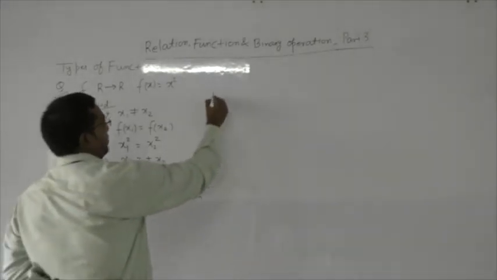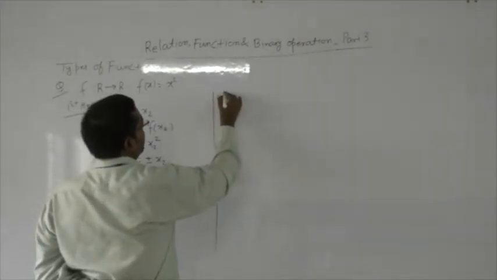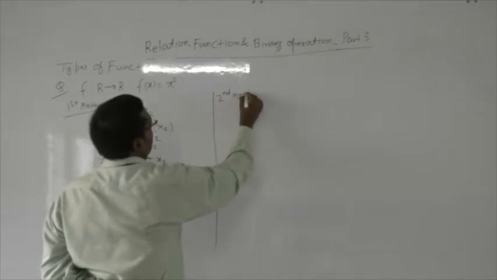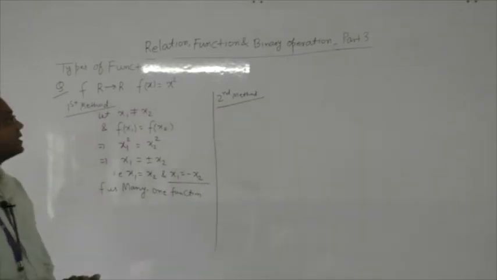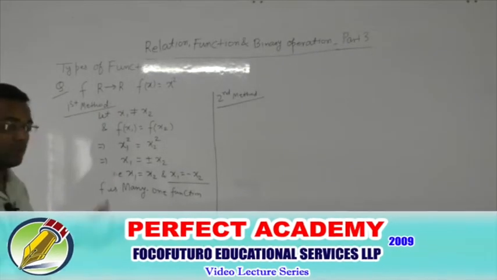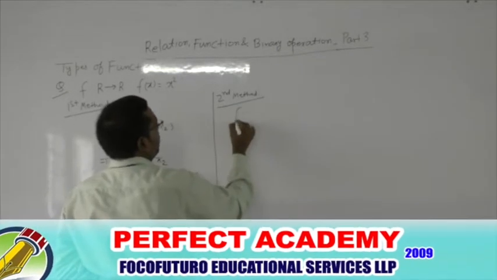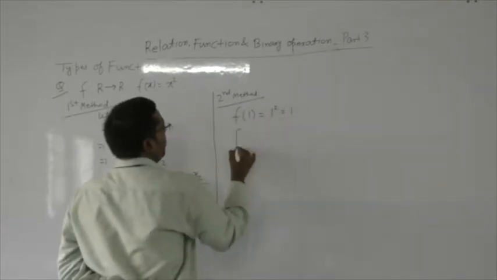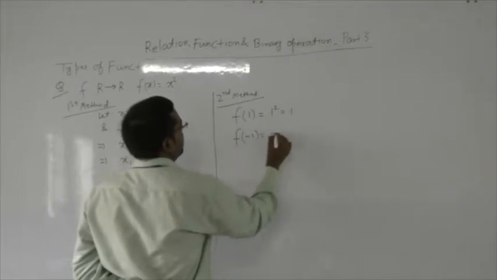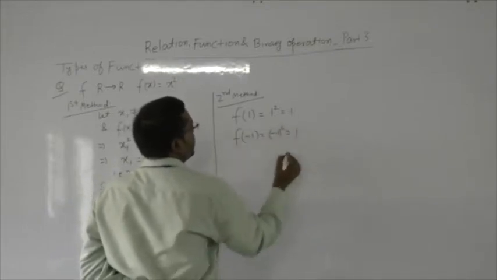Let's see the second method. We will solve this by example, by observation. f(1) equals 1 squared, that is 1. f(minus 1) equals minus 1 squared, that is 1.